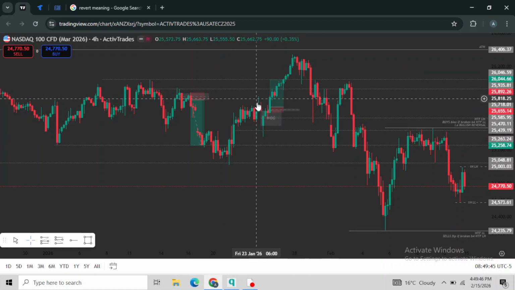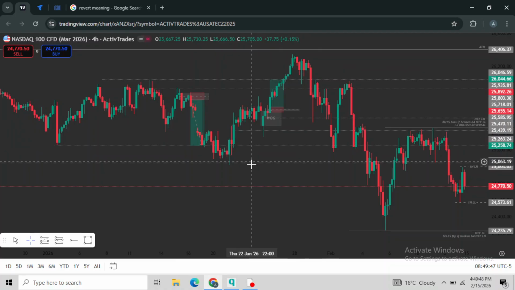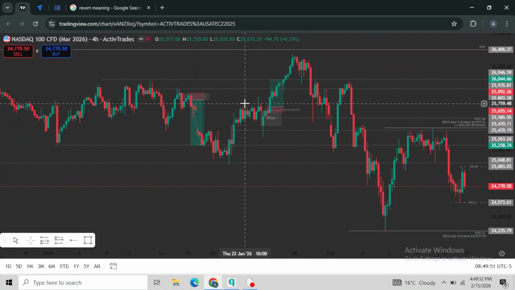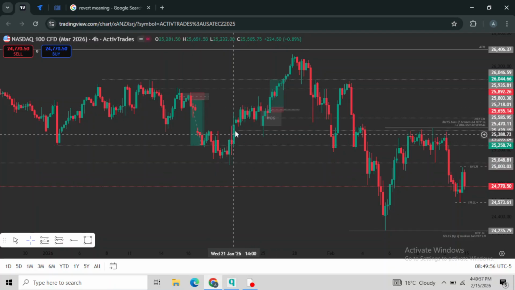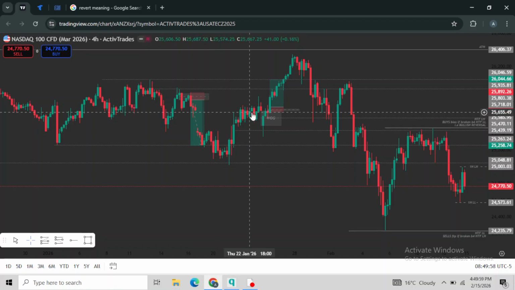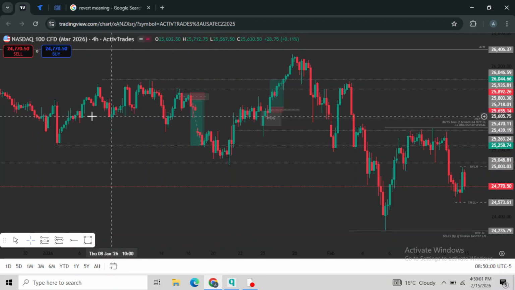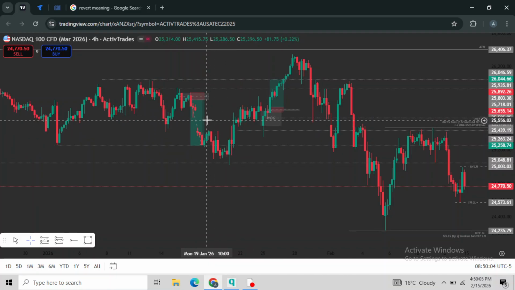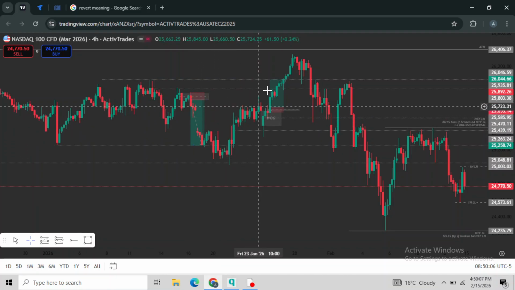Now, in terms of market structure, let me repeat my strategy. So in terms of buys, price is bullish at a major resistance. This is a major resistance zone here, of which we have some previous week opening gap on this trade.